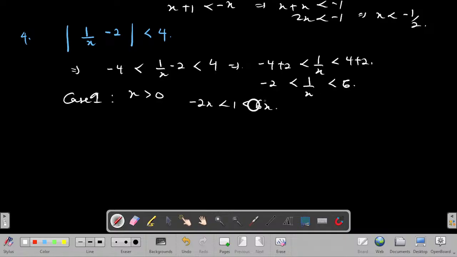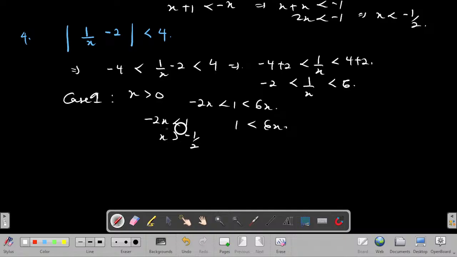Obviously, you understand, right? We take the positive side and you are solving. As I said, if it will confuse you, break it into two. One, negative 2x less than 1. The other one, 1 less than 6x. Here you are simply going to have x greater than negative half. Why? You divide through by negative 2.